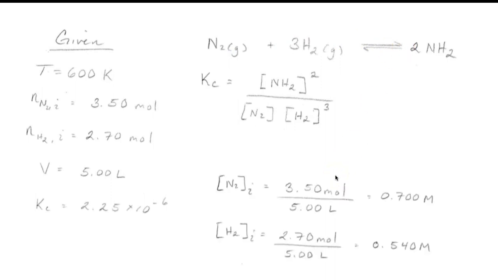The first thing that we did on the board was realize that I know the number of moles I have of each individual gas, and I know the volume that the gas is enclosed in, so I can use that information. Essentially, these three bits of information we put together, and we can know the initial concentration in molarity of nitrogen and hydrogen.